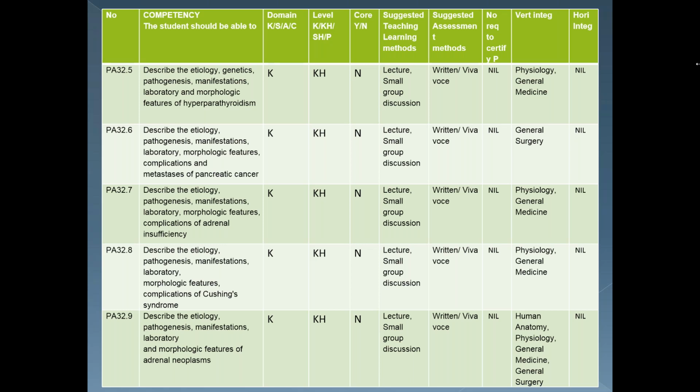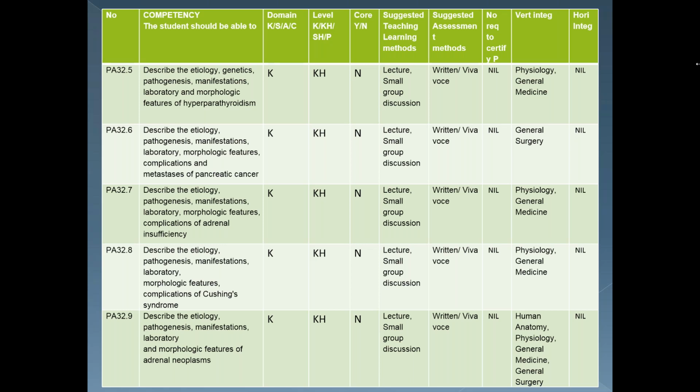PA 32.8 describe the etiology, pathogenesis, manifestations, lab, morphologic features, complications of Cushing syndrome. So 32.7, 32.8 deal with hypo and hyperadrenalism. There's an overlap, and we'll go about it similarly. PA 32.9 describe the etiology, pathogenesis, manifestations, lab and morphologic features of adrenal neoplasms. So that makes the 9 competencies that we are to discuss today.